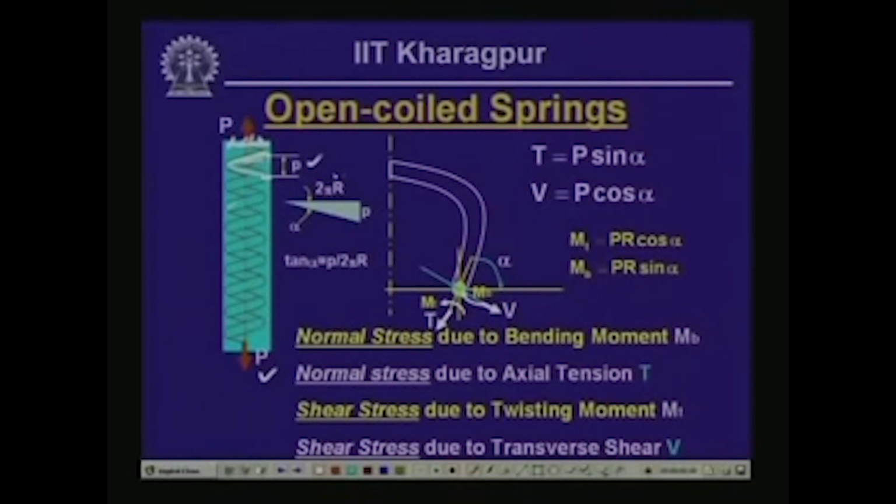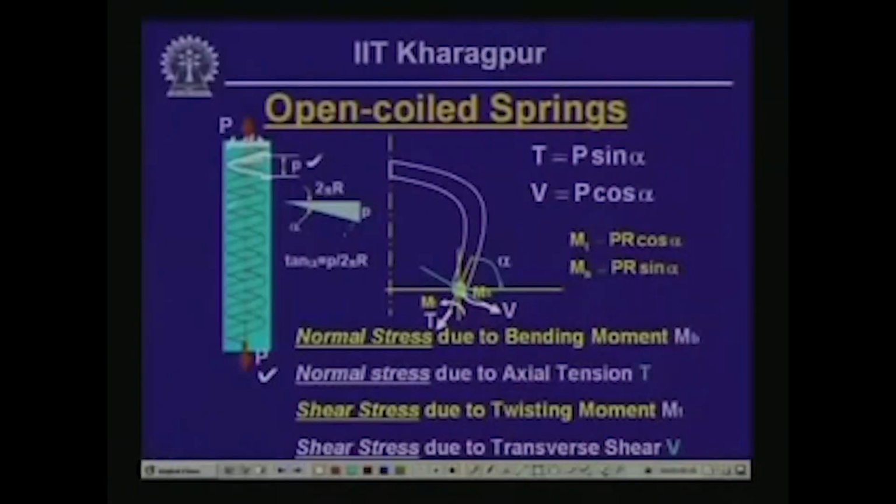Now, if they are in the same plane, the length of that wound will be twice pi r, but since the helix is inclined with respect to the horizontal plane because of the larger pitch, the length is going to be larger than twice pi r. Now, if we look into this particular triangle, let us define this distance as the pitch p, and the horizontal distance as twice pi r, when the wound lies in the same plane.